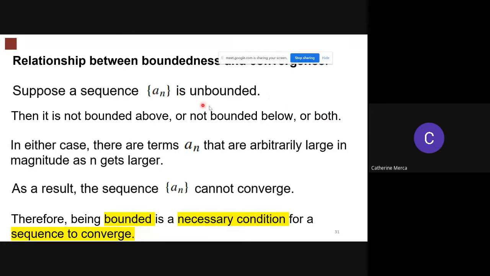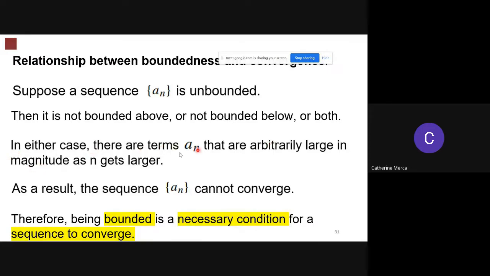Kung unbounded siya, in either case, there are terms A sub n that are arbitrarily large in magnitude as n gets larger. So as a result, ang sequence kay dili siya mag-converge. Nasabta ni na statement, kung unbounded daw siya, then dili siya bounded above, dili po siya bounded below. Okay? For it to be bounded, dapat bounded above and bounded below.